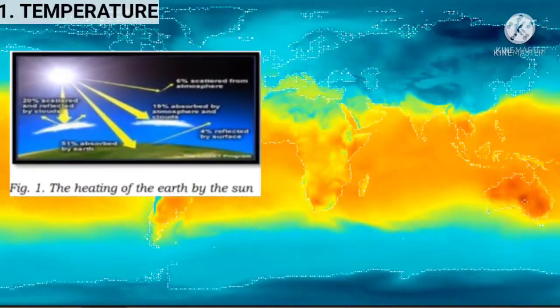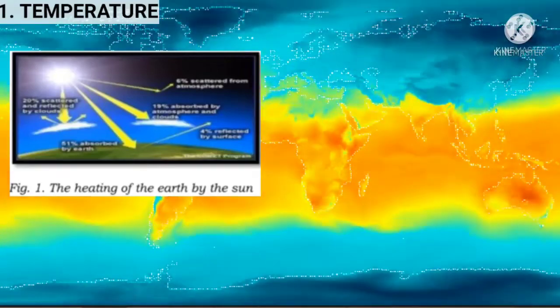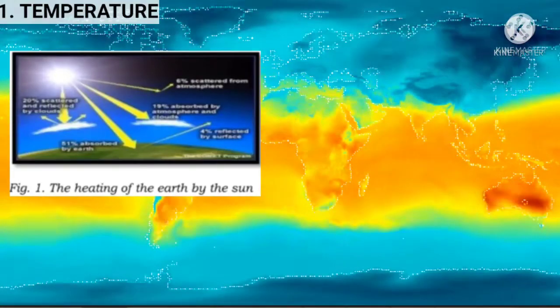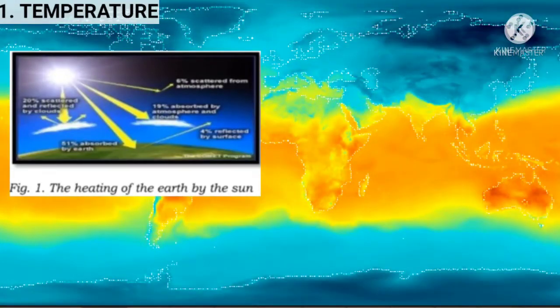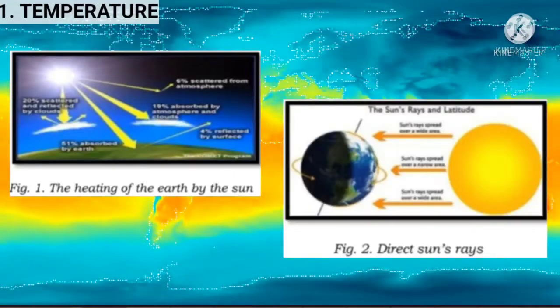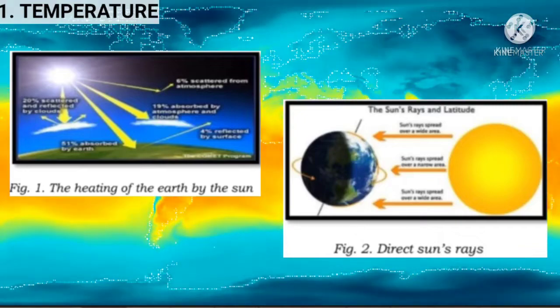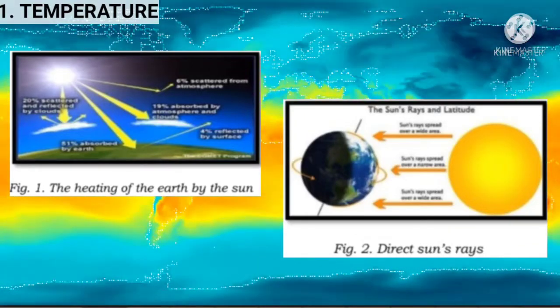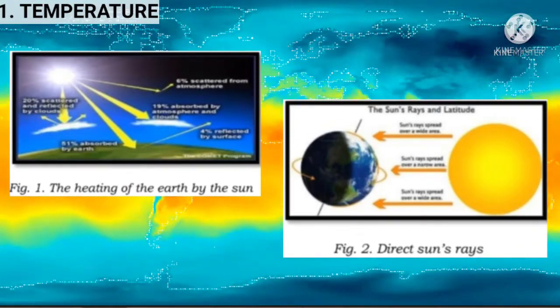Figure 1 illustrates the heating of the earth by the sun, and figure 2 illustrates the direct sun's rays to our planet Earth.